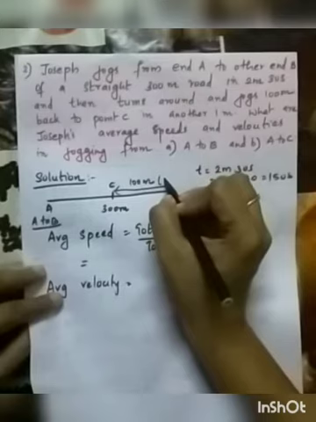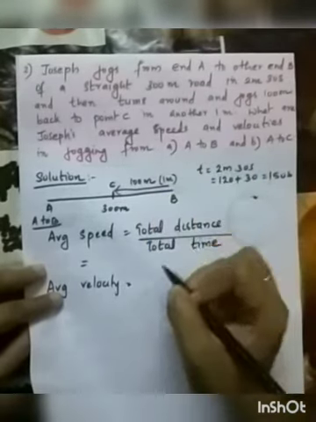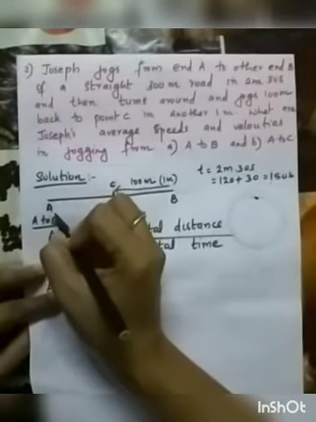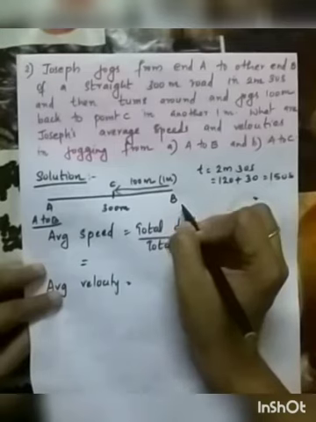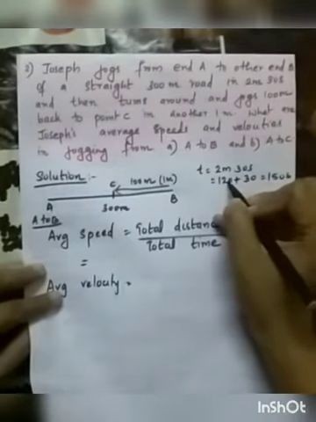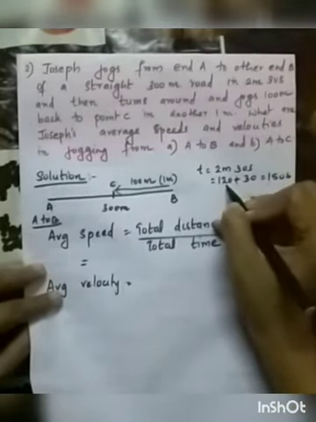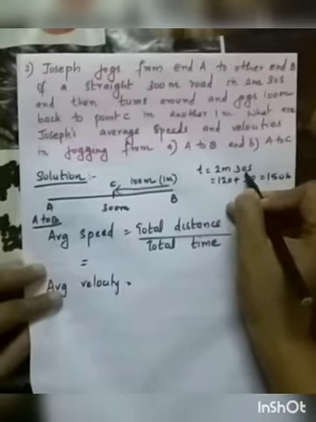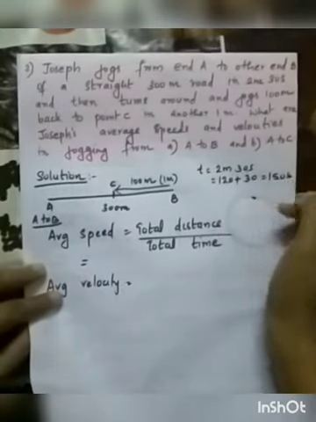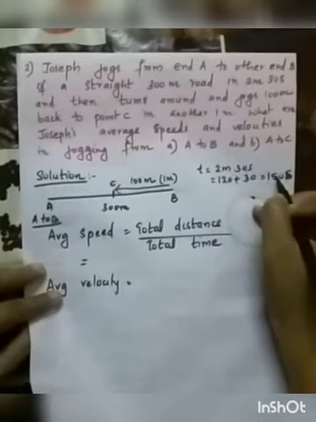For moving from A to B, he has taken 2 minutes 30 seconds. 2 minutes 30 seconds is 2 into 60, 120 seconds plus 30 seconds. That means 150 seconds.